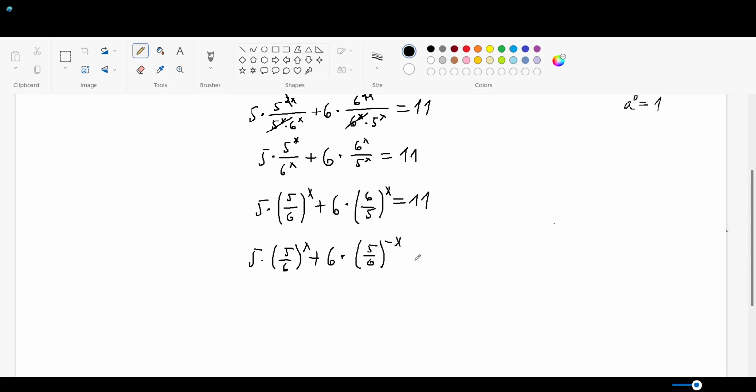Yes, (5 over 6) to the power of negative x is equal to 11.